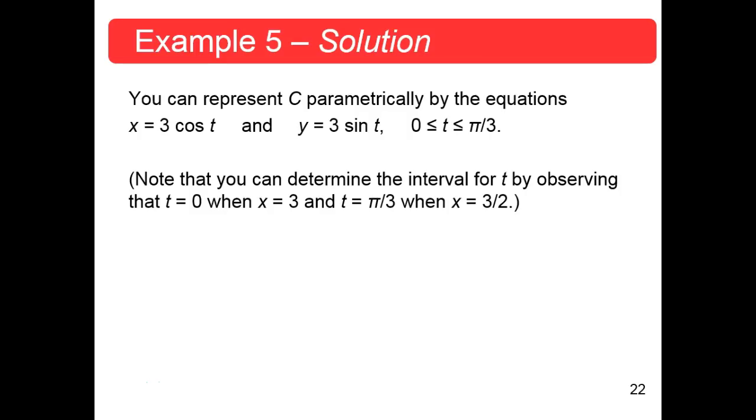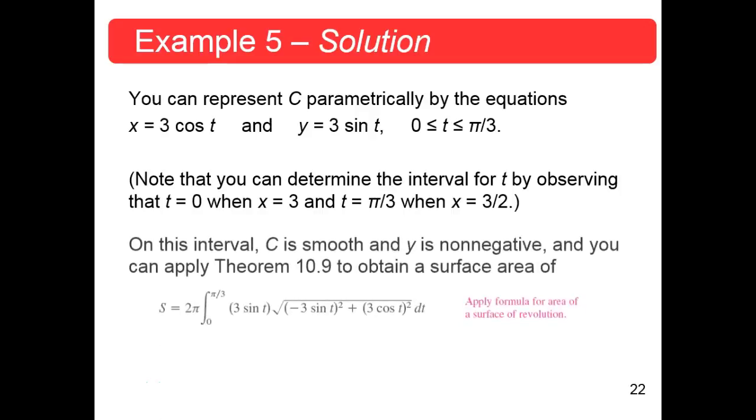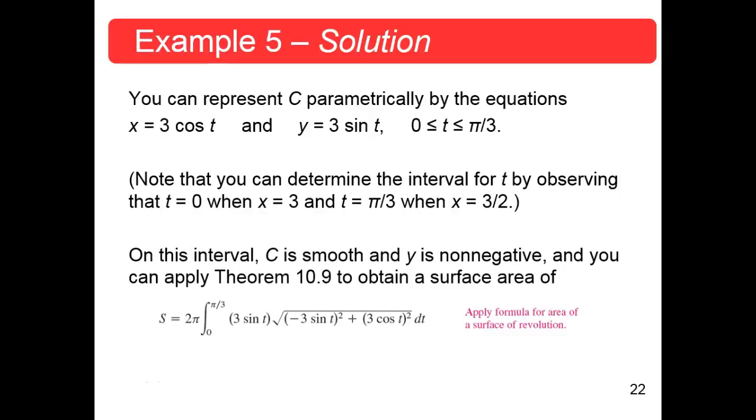It's also their answer. Okay. When you can represent C parametrically by the equations x equals 3 cosine t, y is equal to 3 sine t, when t is going from 0 to pi halves. Notice you can determine the interval by observing t is equal to 0, x equal 3, t equal to pi halves, x equal to 3 halves. Okay? I think we did all that. On that interval, c is smooth, y is non-negative, and you can apply the theorem to obtain the surface area, and this is what it would be.